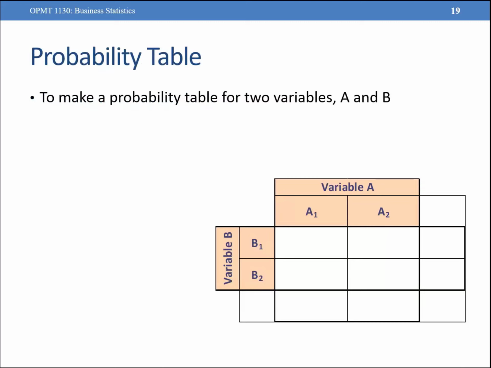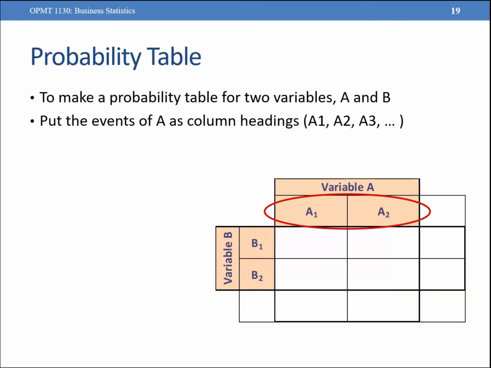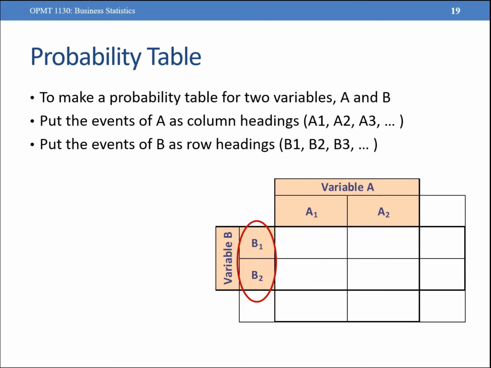So when we make a probability table, any probability table, we have two variables that we're considering. You don't really need a table unless you have two variables. So variable A might be something like house claim or no house claim. We would put those events as one heading, and then we would have another variable, something like car claims, no car claims, and that would be our other heading.